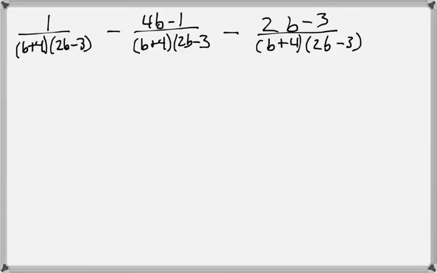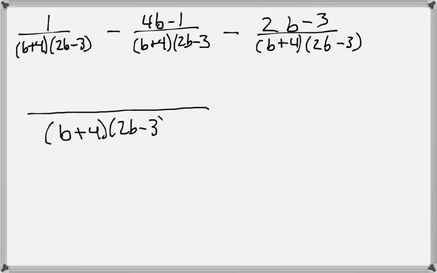Now we have a common denominator all the way across, so we can go ahead and combine these under that common denominator, b plus 4, 2b minus 3, and we're going to combine our numerators. We're going to take this one minus all of this minus all of this.